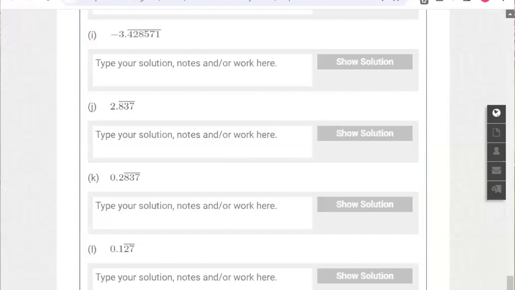The top divided by 9 gives 315, and the bottom divided by 9 gives 111, right? They both divide by 3. The top divided by 3 is 105, and the bottom divided by 3 is 37. Final answer. Good. Done. Nice.